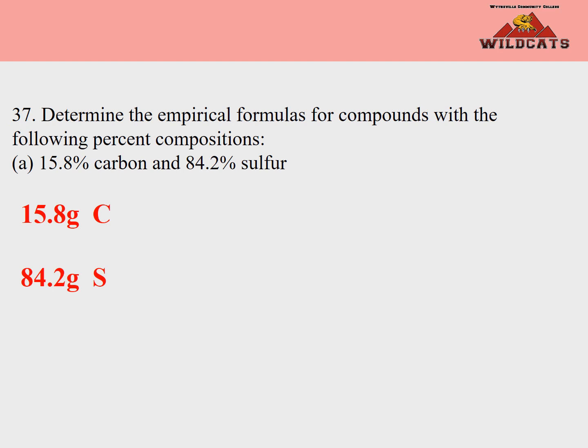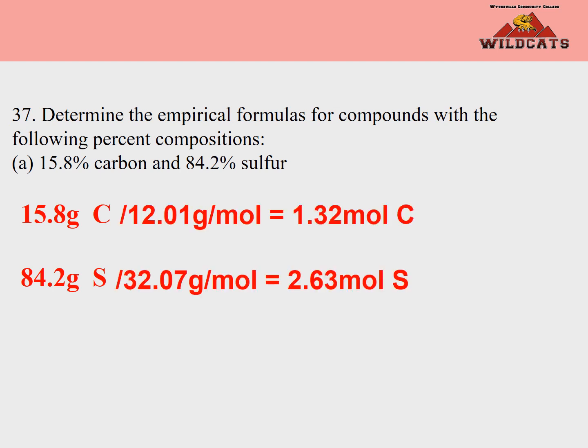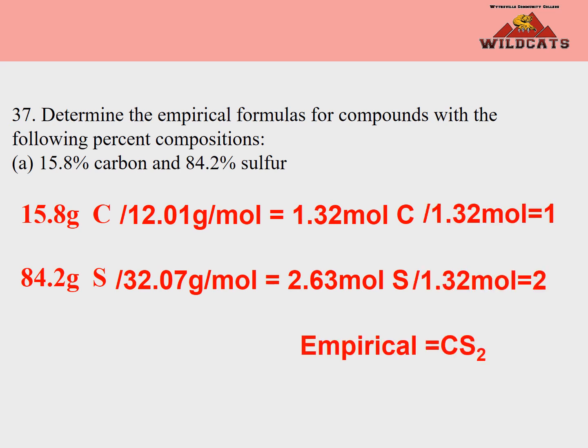To find the moles, we divide by the molar mass, and we end up with 1.32 and 2.63. You could either put this in your calculator, or you might be able to just eyeball this and realize it's a 2-to-1 ratio. And so we end up with CS2 as our empirical formula.